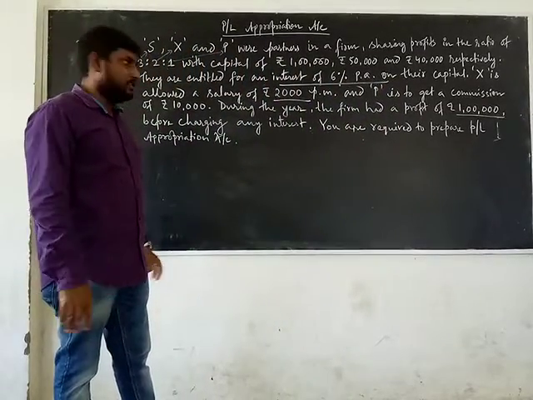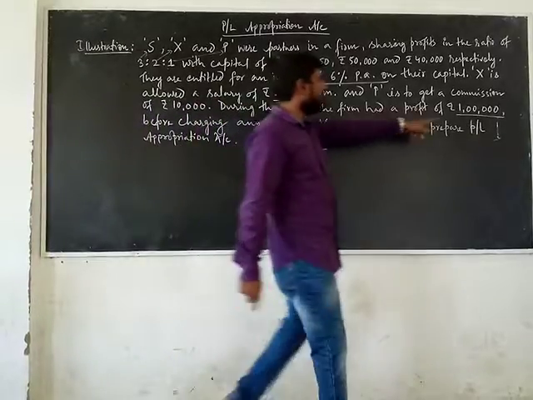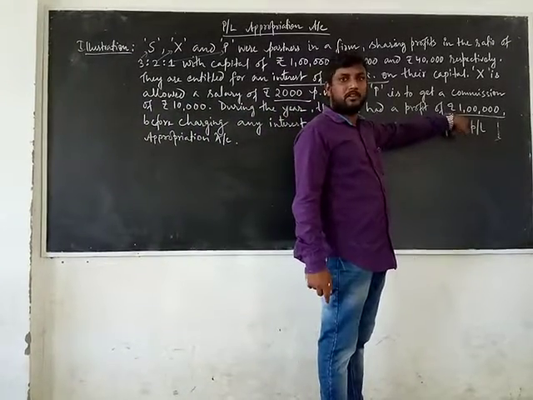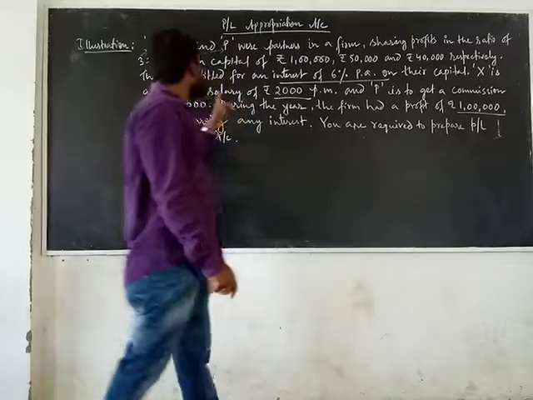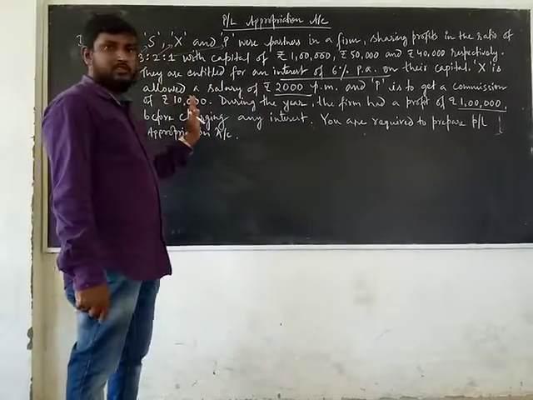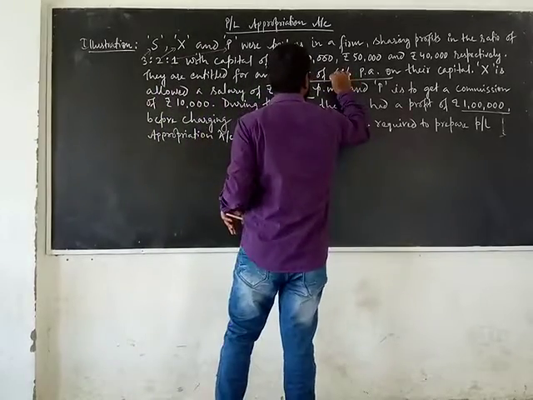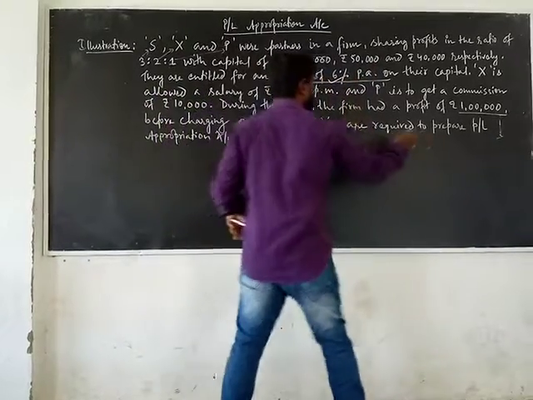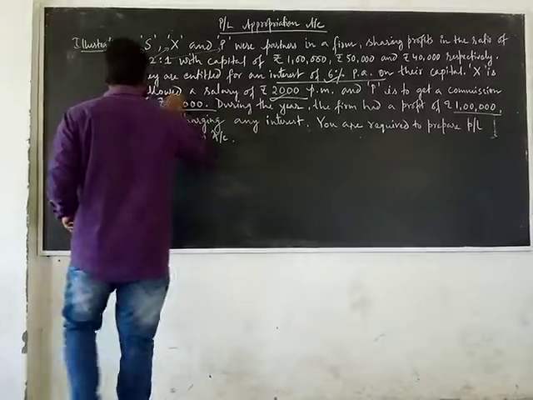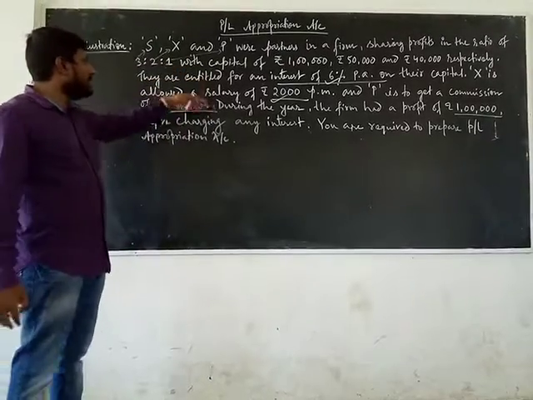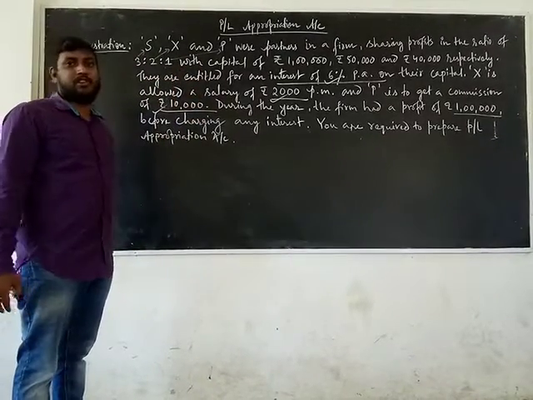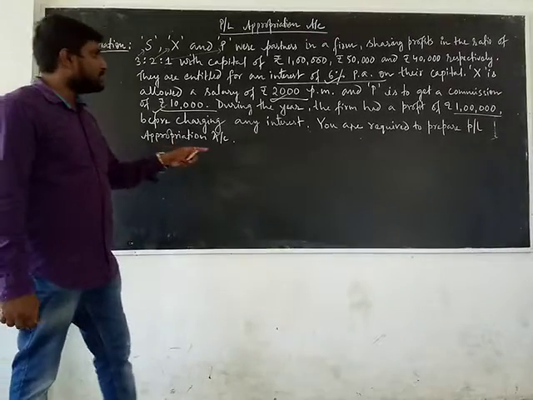So before charging any interest it is rupees 1 lakh. Got my point? And one more thing, interest on drawings is not given, no problem. Only three items are provided: interest on capital, salary and commission. We will show these three items in your PL appropriation account.